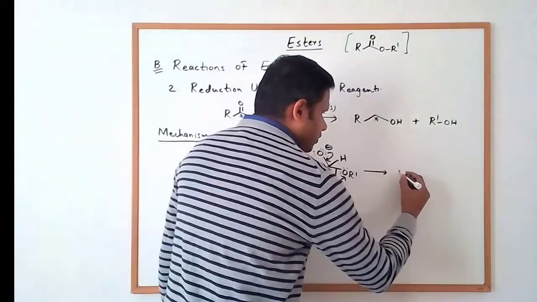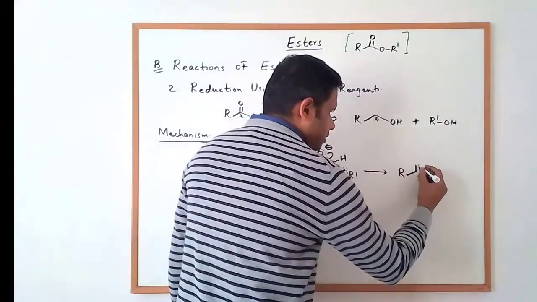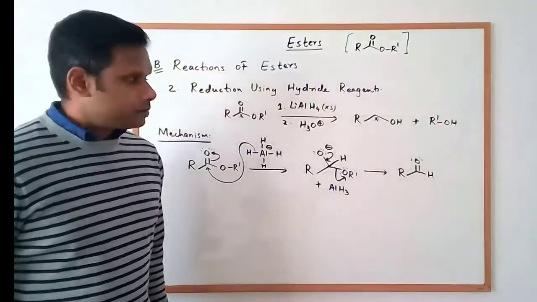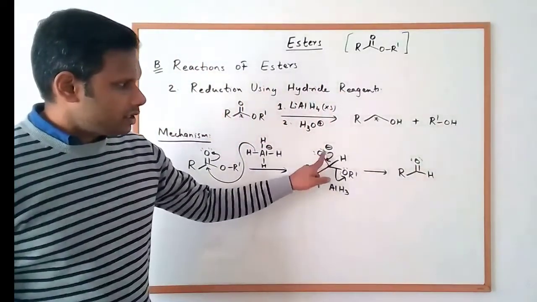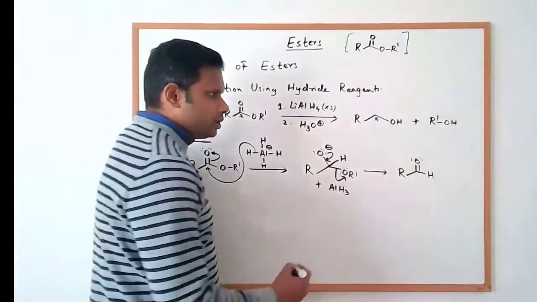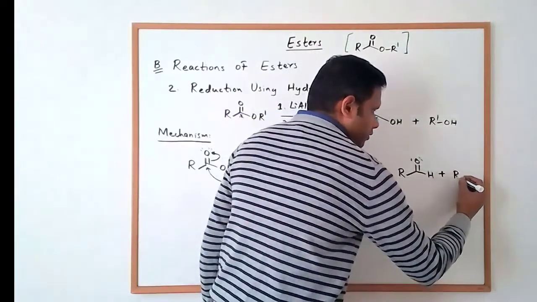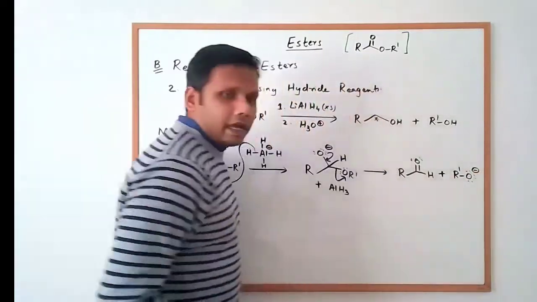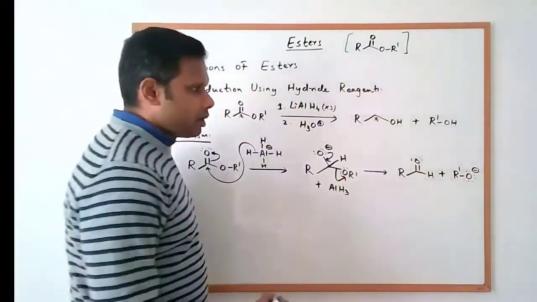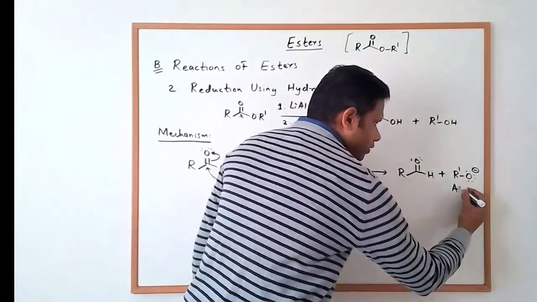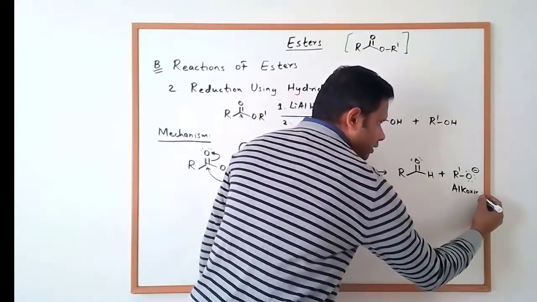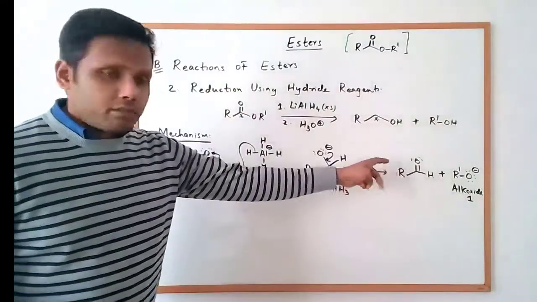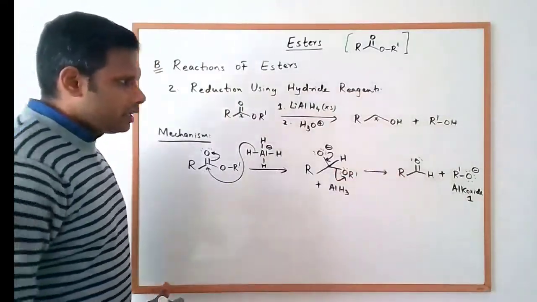This takes us forward to the next intermediate, where we have an aldehyde, RC double bond O with an H, plus an R prime O minus, an alkoxide that came out. This is one of the alkoxides that we made in this process. We're going to leave it there, but we're going to track it later.